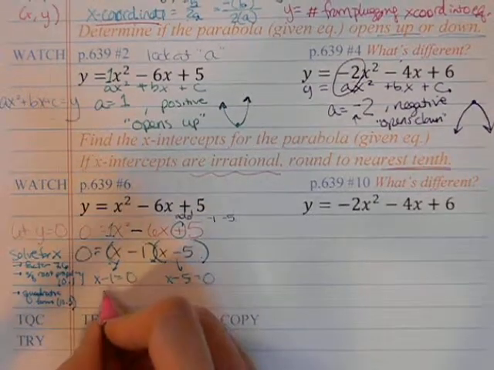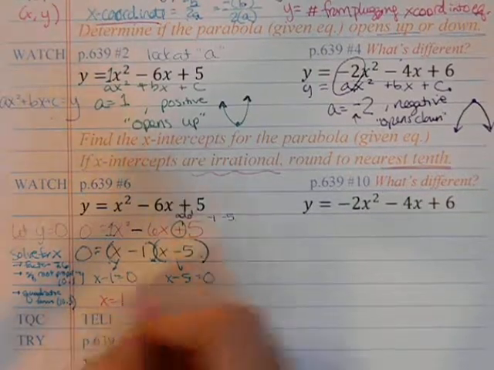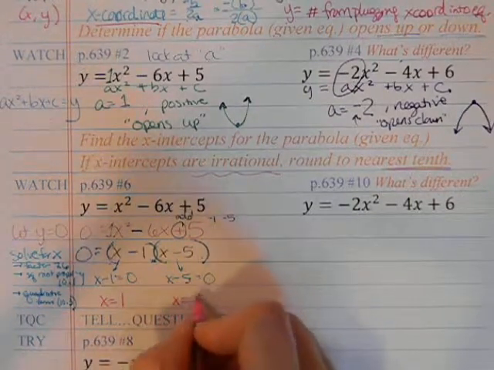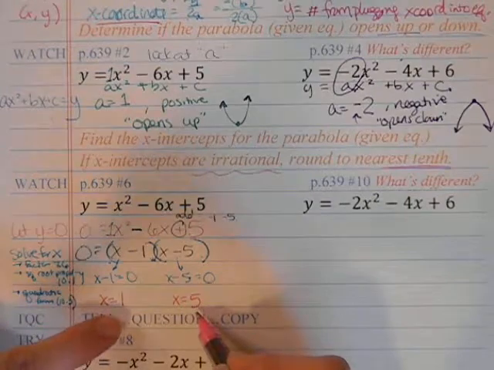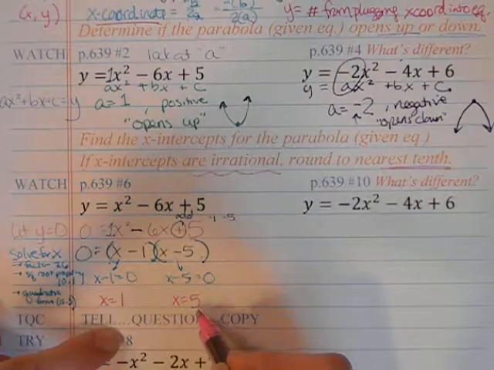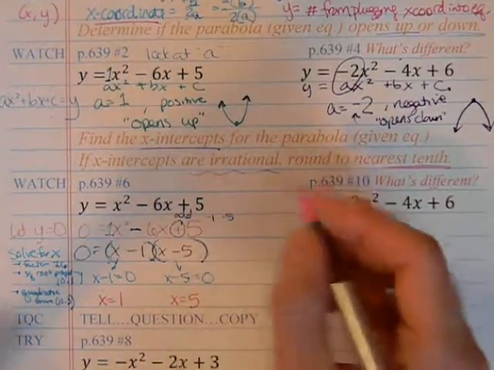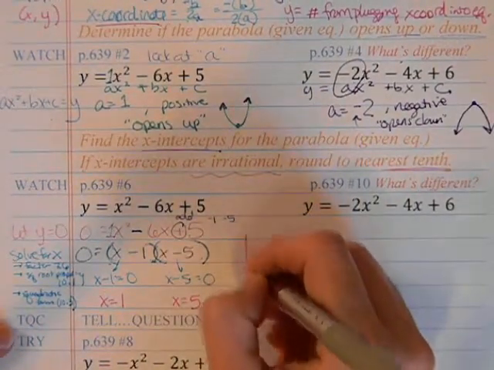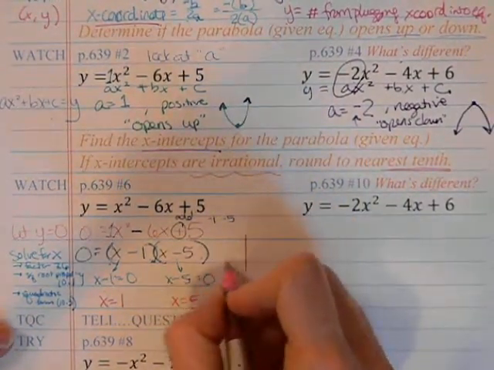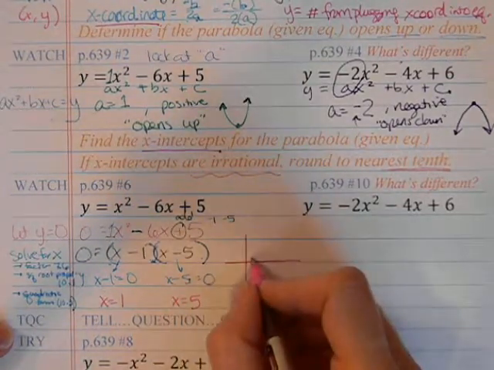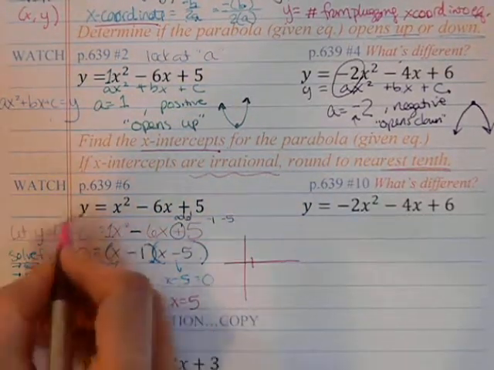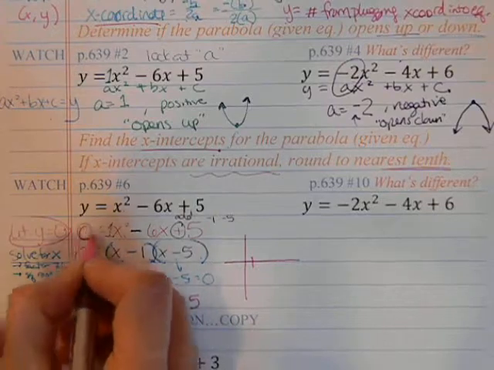So solving from there, I add 1 to both sides, I get x equals 1. Add 5 to both sides, I get x equals 5. Now, don't be alarmed. Two solutions make sense, because remember, these are x-intercepts. This is where it crosses the x-axis. So if we were to start imagining what this graph looks like, it's going to cross at 1, 0. Remember, we let y equal 0 right here.